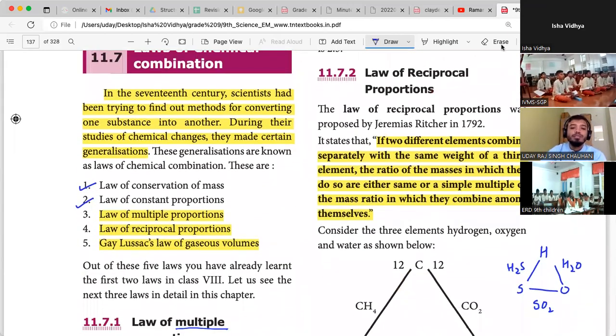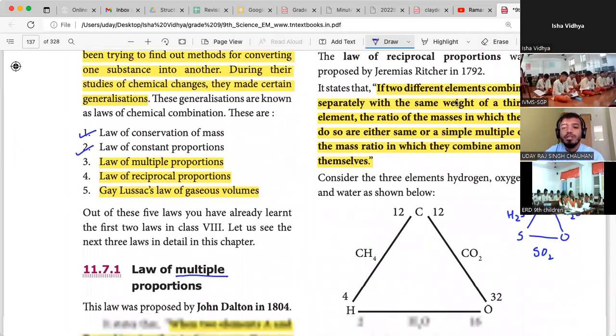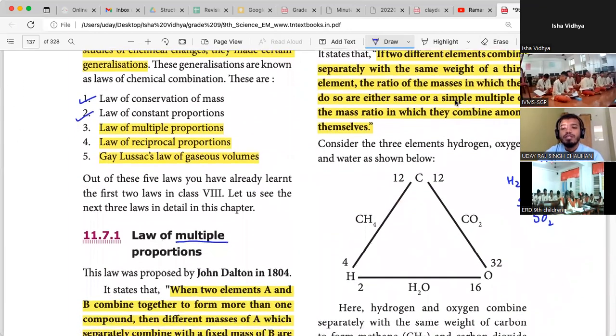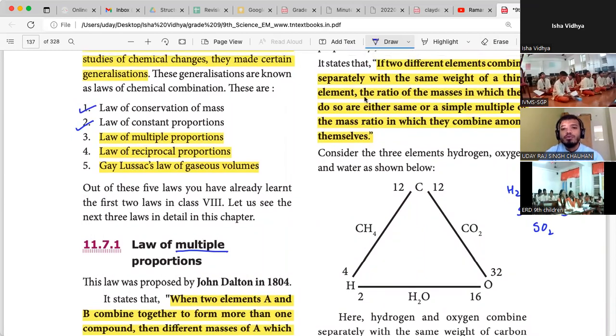Next is the law of reciprocal proportions. Again, if you focus on the word reciprocal, you will get some idea. Let's look at this example. Focus on the first three lines.